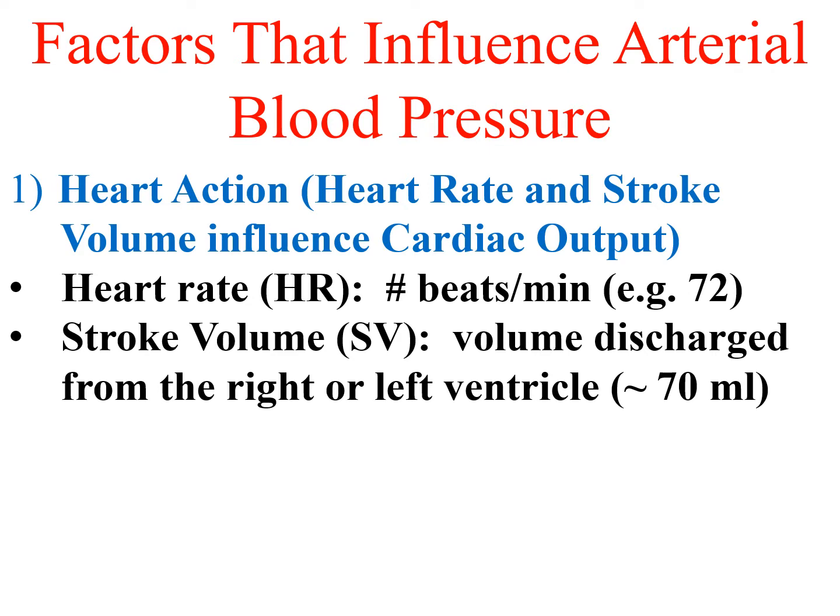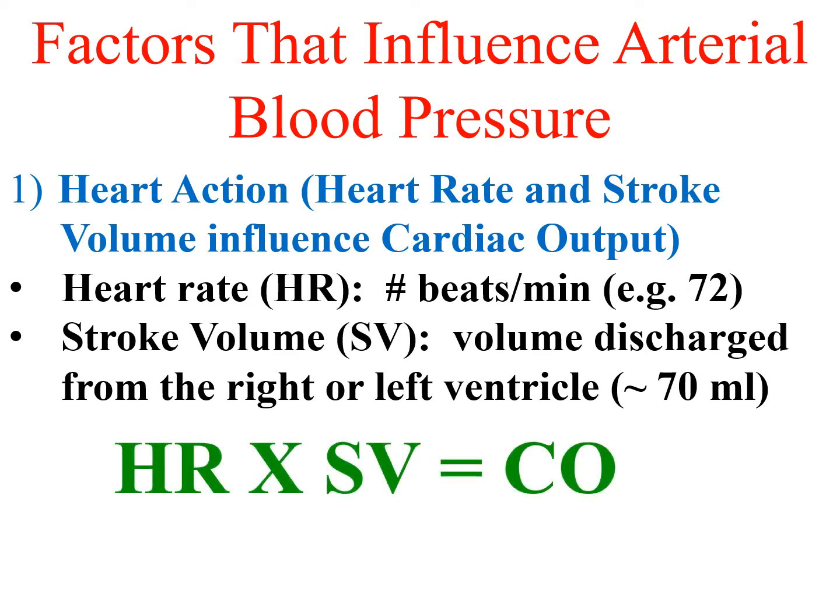Typically we're measuring left ventricular pressures, but if you could somehow measure the blood being ejected out of either ventricle, it's approximately 70 mils. And so if we multiply them together, heart rate times stroke volume gives us our cardiac output.